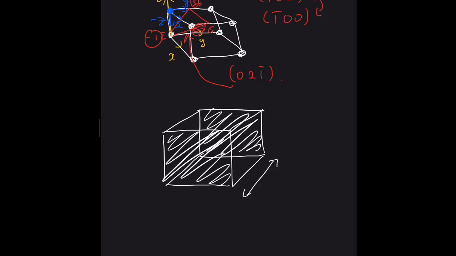Because remember, the lattice points repeat periodically through space, then the planes within these lattices will repeat periodically as well. So how far away are they?